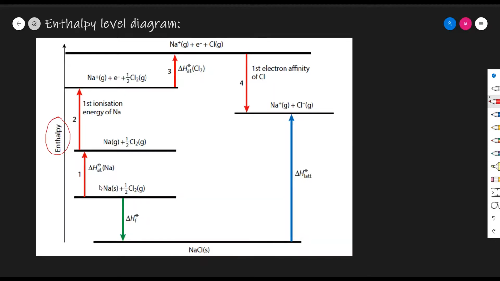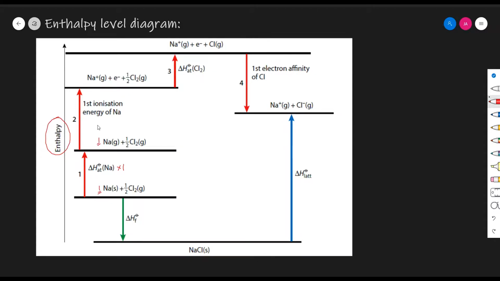Since it's 1 mole over here, I have 1 mole of a metal element, and it's converted into 1 mole of gaseous atoms, and thus the enthalpy change of atomization of Na would be multiplied by 1. If this were 2, which all depends on the formula of the ionic solid, then I would multiply its enthalpy of atomization by 2.